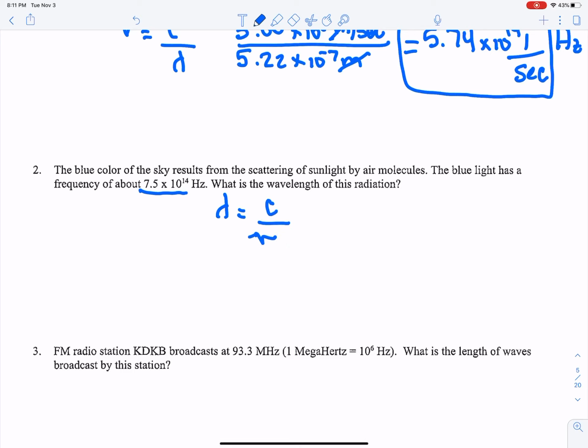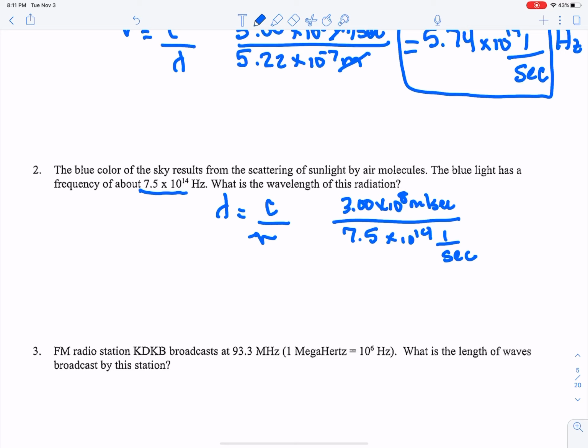So C is 3.00 times 10 to the 8 meters per second divided by 7.5 times 10 to the 14th, 1 over a second. Okay? So the only thing you have left is meters.